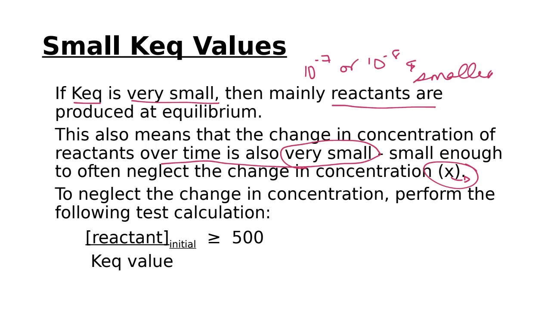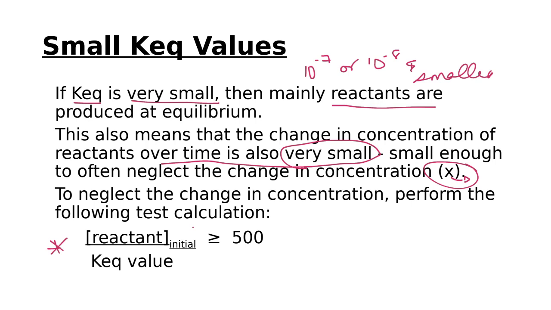This is a good thing because it's going to make your math a lot simpler when you go to calculate your concentrations at equilibrium. To know whether you can do this little trick, you have to do what we call a little test calculation. You take your initial reactant concentration, and you have to have this, so there's no other way around it.